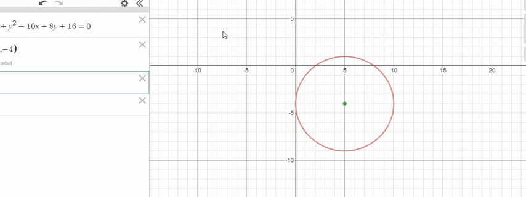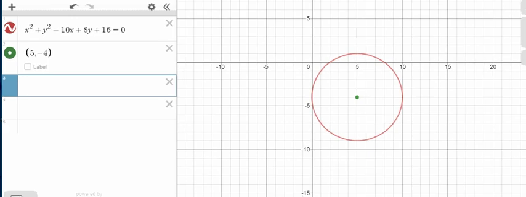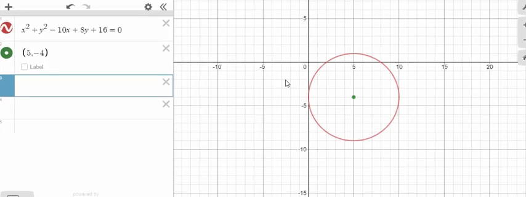What I did is I zoomed out and put a dot where I think the center of the circle is. So I think that the center of my circle is at (5, -4). You can see that in my window, that's the green dot that I put. And then to double check, you would just count from the center to the top, the bottom, the left, or the right, and make sure that those are all the same distance, and that will be the radius.